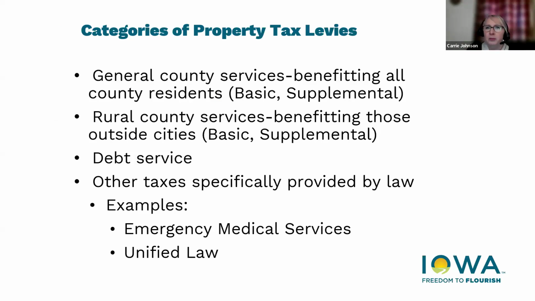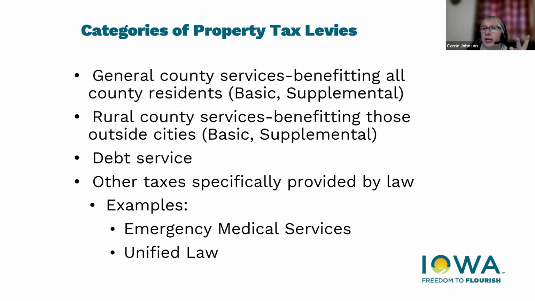So we're pretty descriptive as far as what you can tax on. So the category of property tax levies, you have general county services. Those are that benefit all county residents. And you have essentially two general rates. You have a general basic rate, and then you have a general supplemental rate that can be used if your basic rate is at its maximum and you need more revenue to be generated. You have rural county services.